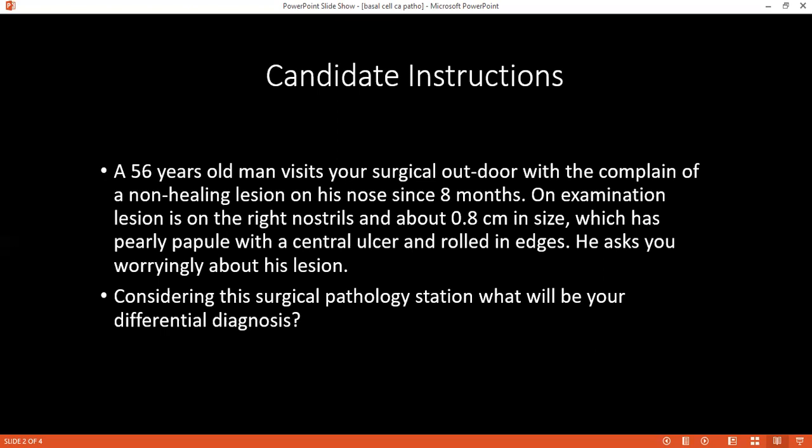Which is more important to consider, Breslow thickness or Clark's level, when you are excising the lesion? Breslow thickness is more important. Okay. What does Clark's level signify?